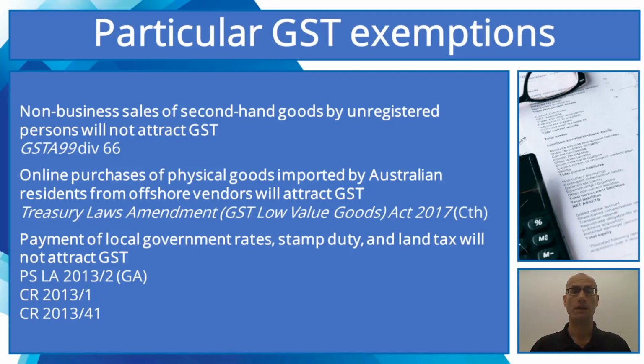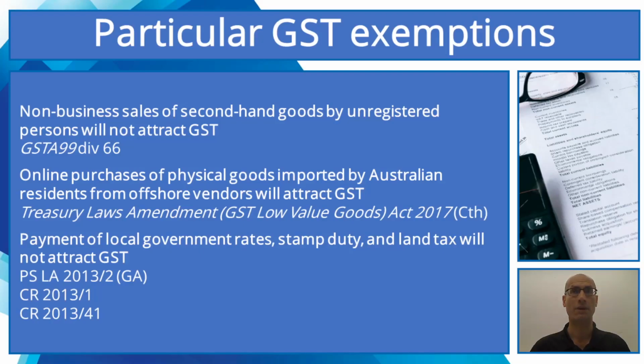Also note that these days, and a relatively recent change, where you purchase goods from offshore vendors, that is going to be subject to GST. So up until relatively recently, if you purchased goods offshore, they wouldn't be subject to GST, and a few well-known local retailers basically lobbied the government to make that change.